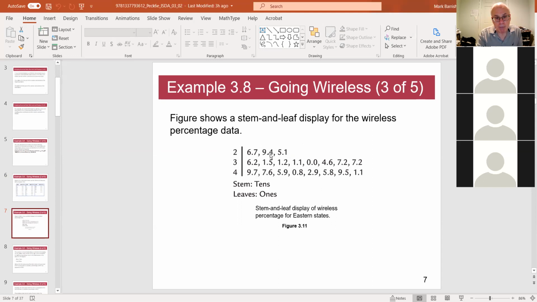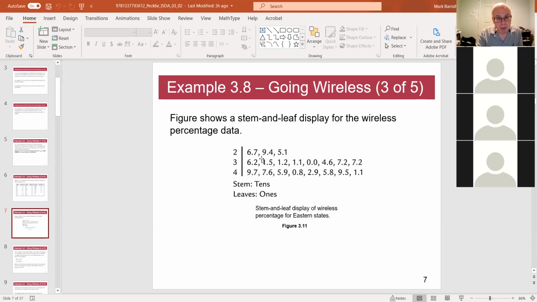You want to line them up so you see sort of a shape of this distribution. That way the first three numbers are lined up exactly under each other, and then the rest of the numbers are lined up like that.